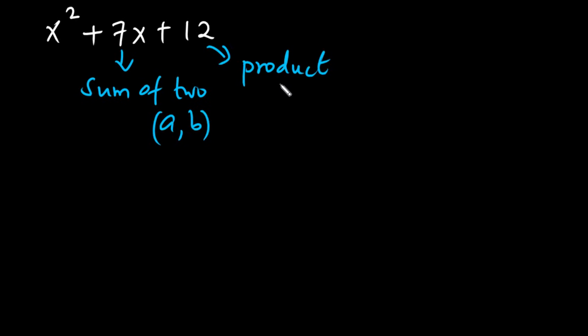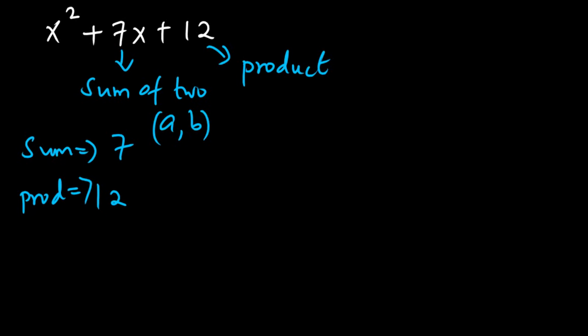So we need to ask ourselves, what are these two numbers that have their sum as 7 and their product as 12?